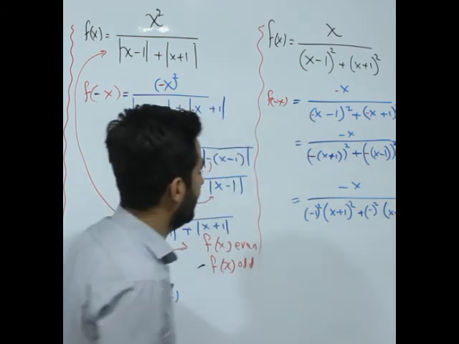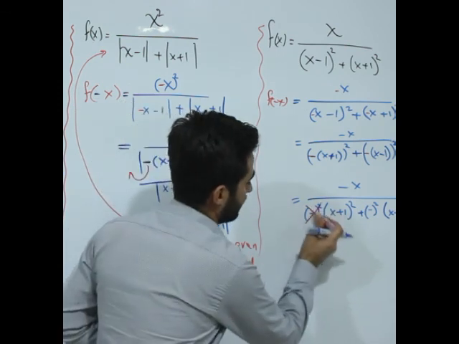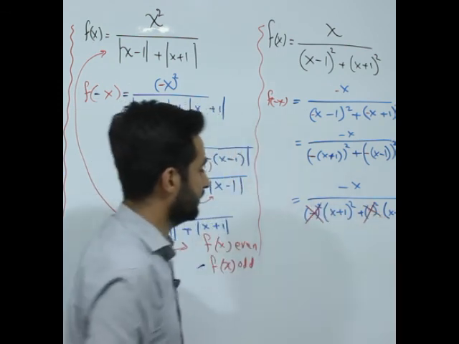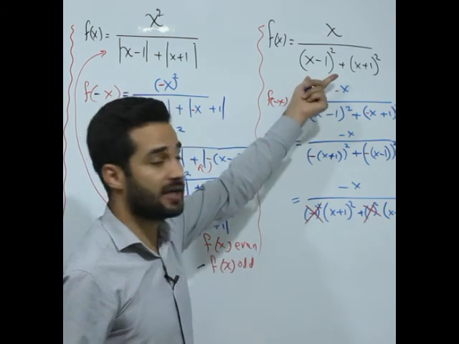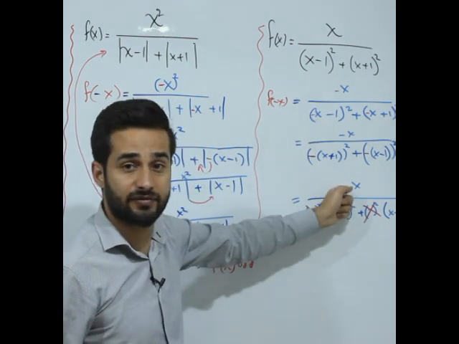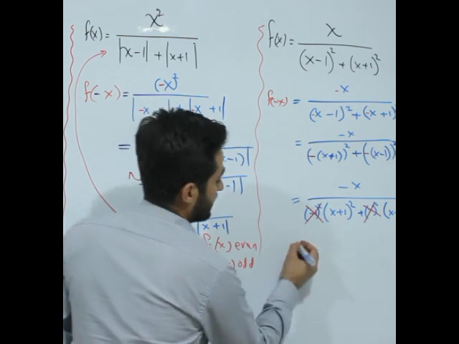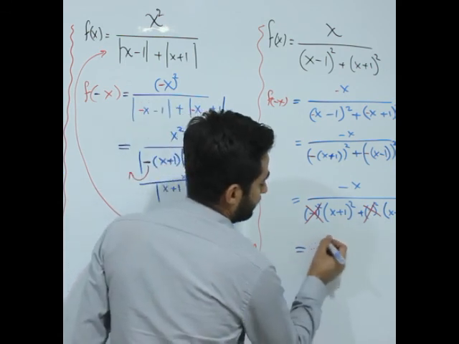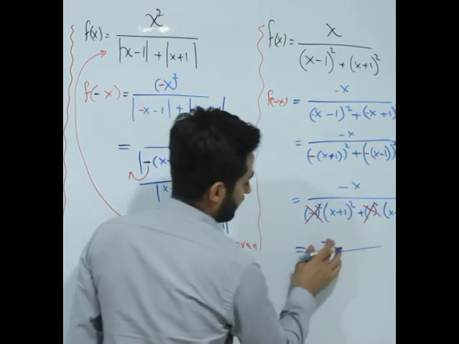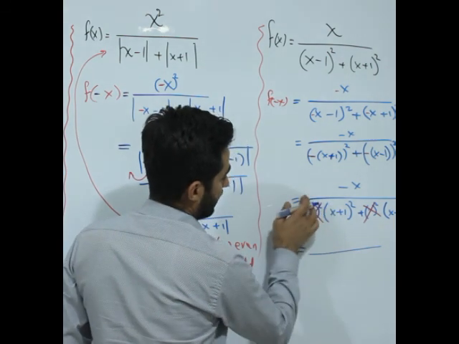Now look, this becomes plus. So we get same as the rule, but with a negative. So we can say this is equal to negative. We can bring it to front.